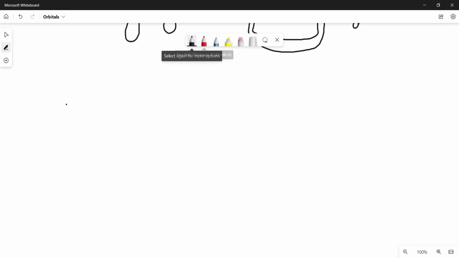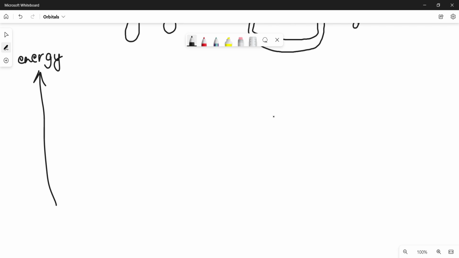And so what actually happens is, let me explain it like this. So let's say we have an energy diagram for carbon, and we're looking at ethene. So let me just label these energy. Okay, so let's say we're looking at ethane. Ethane, remember, is an alkane, so it only has single bonds. So it has C and C, and the C's all have hydrogens attached to them.